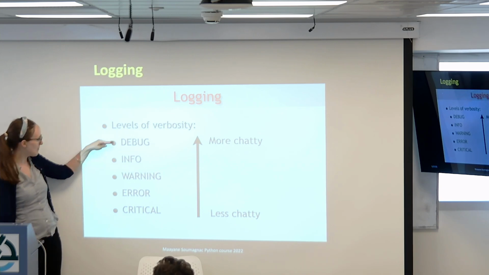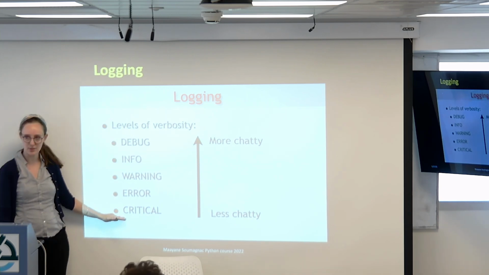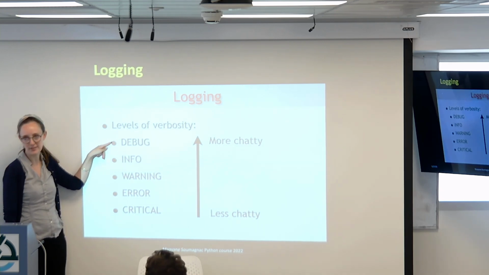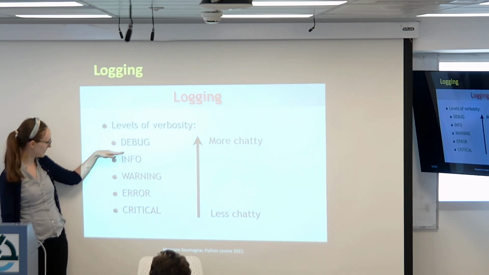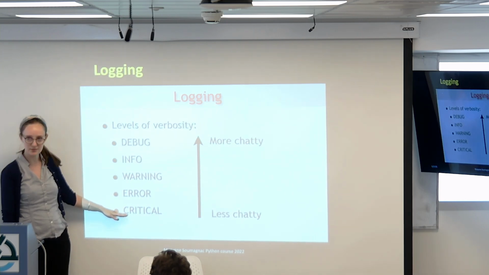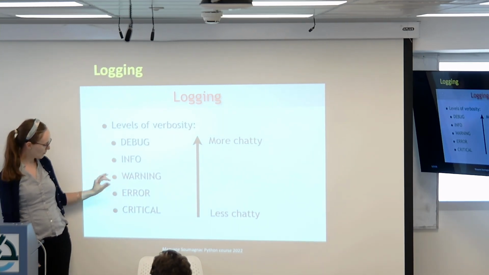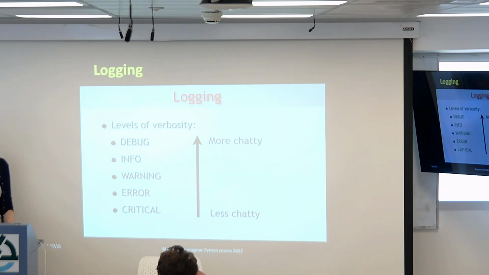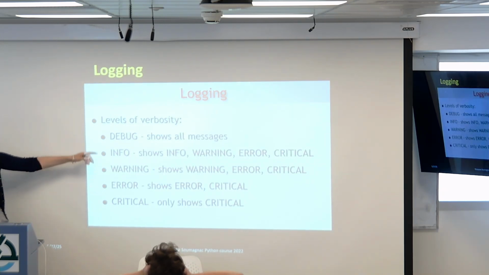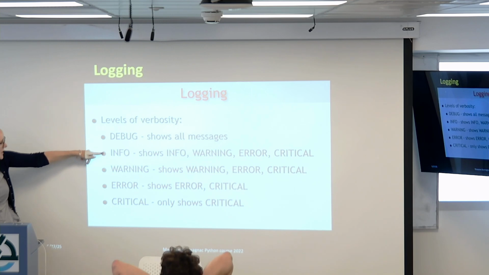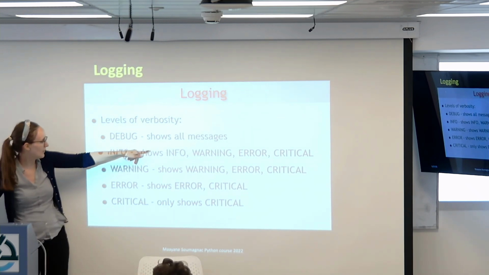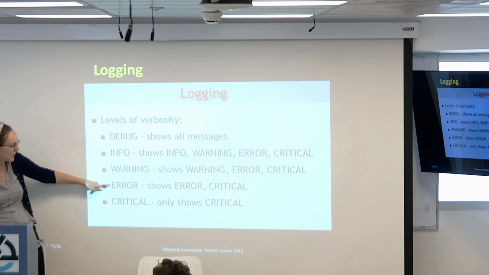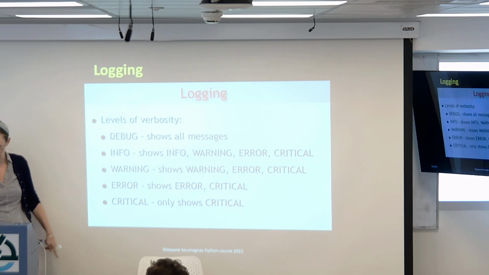So debug will print all these levels of verbosity. Info will not print the debug messages. Warning will only print these 3, etc. So debug shows all messages. Info shows info, warning, error, and critical.